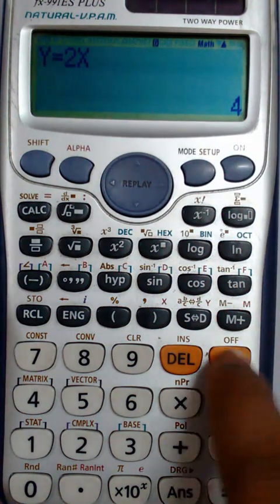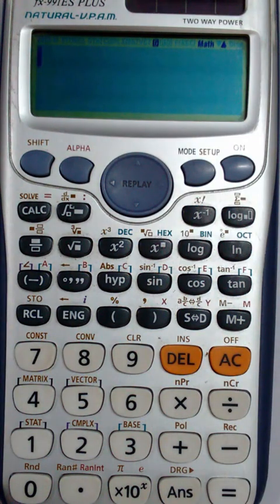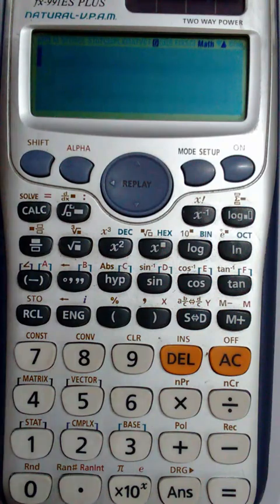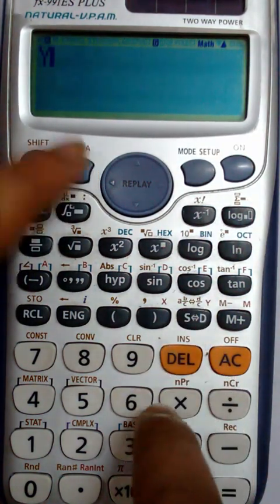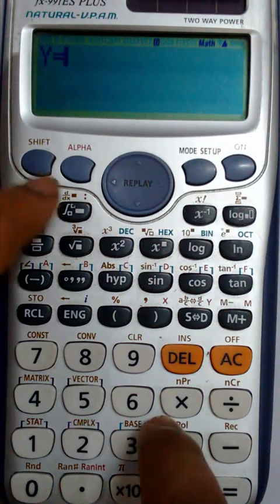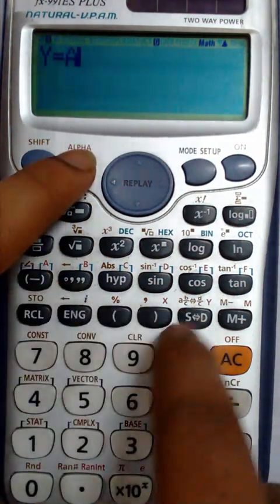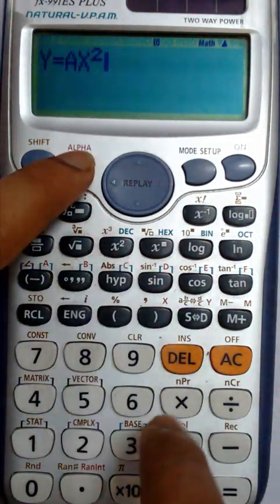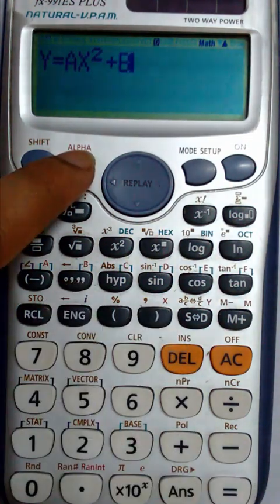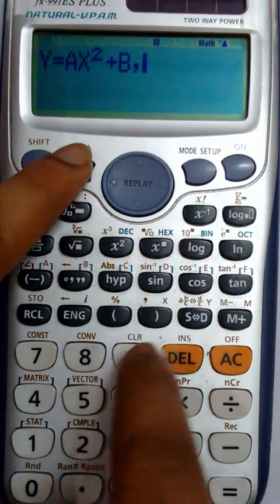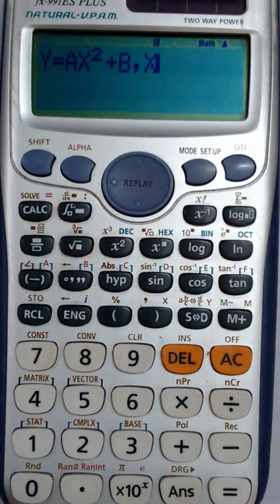Then next technique is solve. So how to use this solve? I am using one expression: alpha Y, alpha equal to alpha A alpha X square plus alpha B, shift comma, alpha X. Just watch carefully.